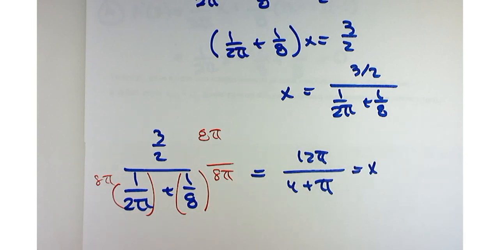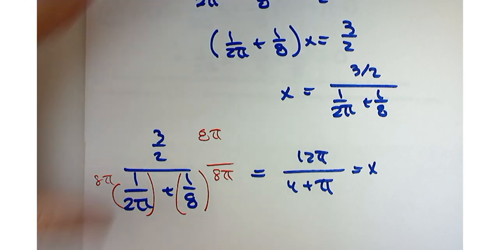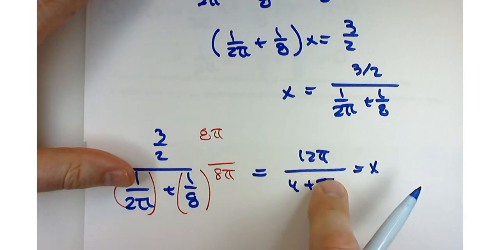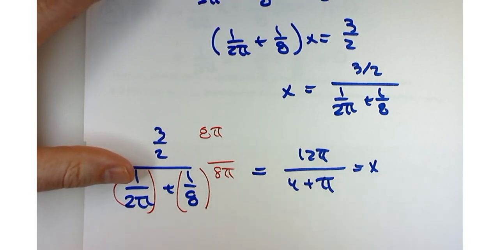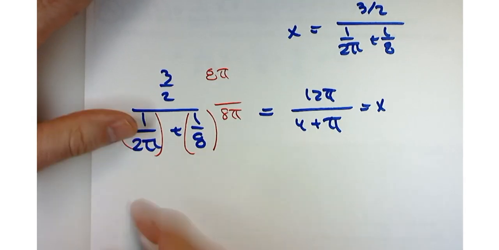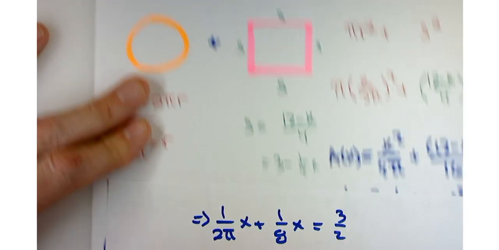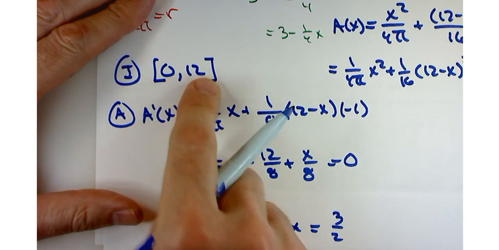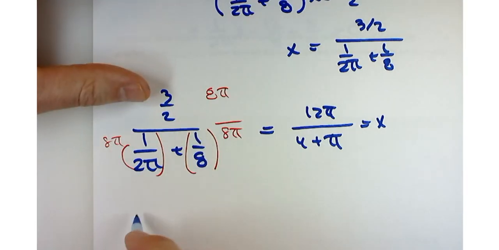All right, let's continue. We need to check where this function has a minimum, where it has a maximum. And because we've got a nice concrete interval, let's just test those points. We're going to test the points at the endpoints.